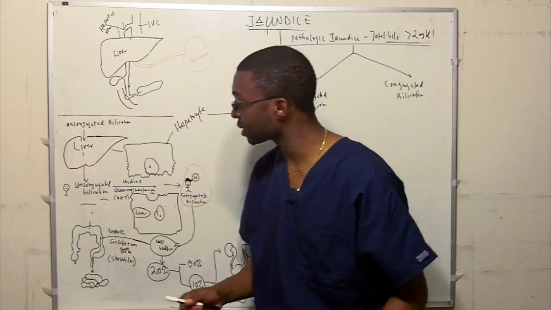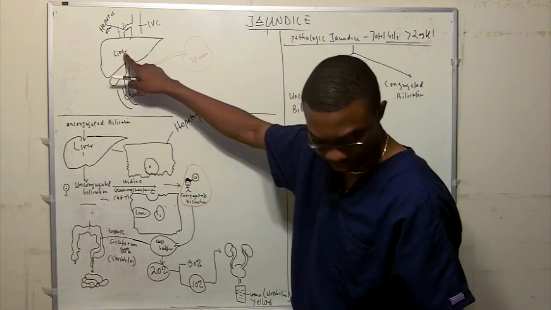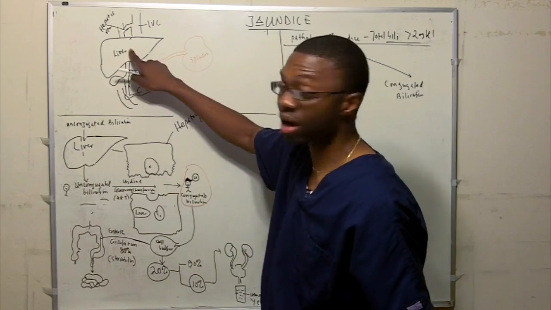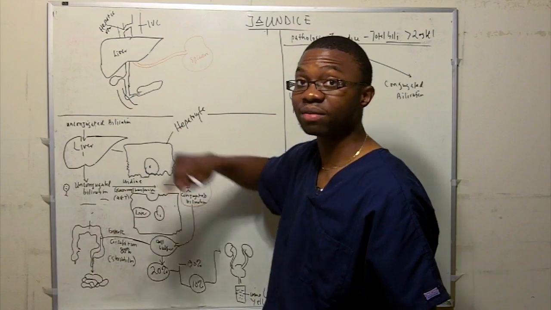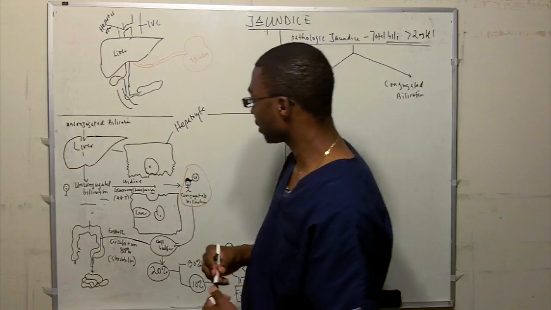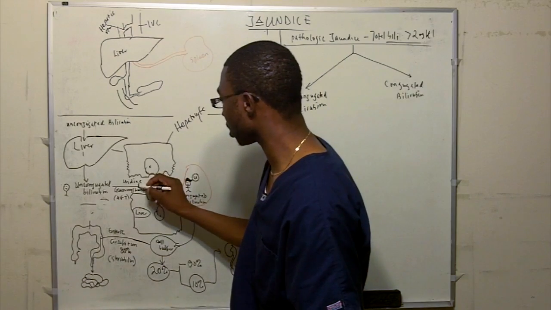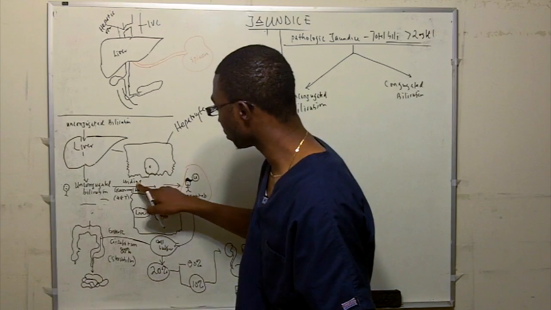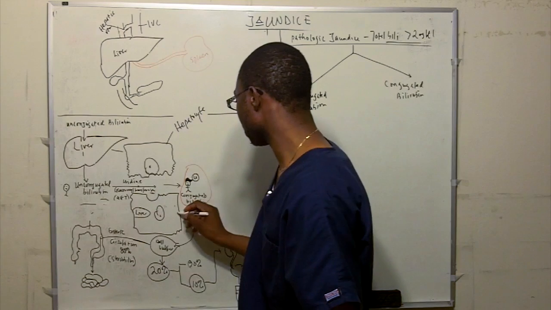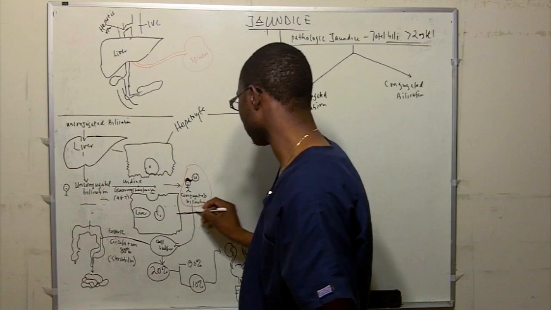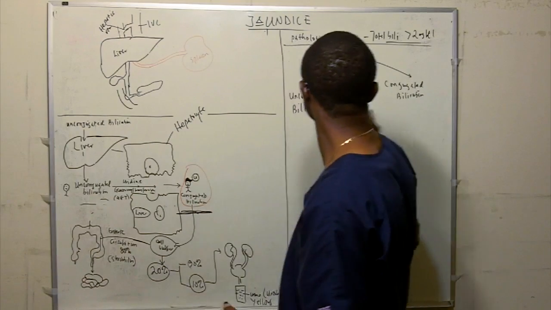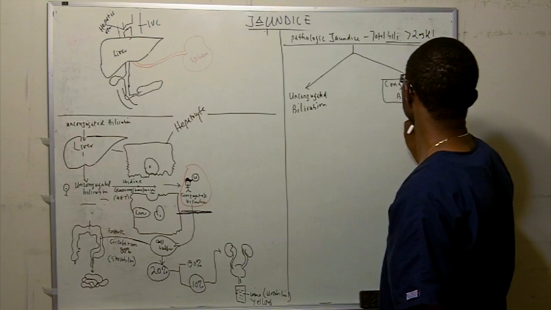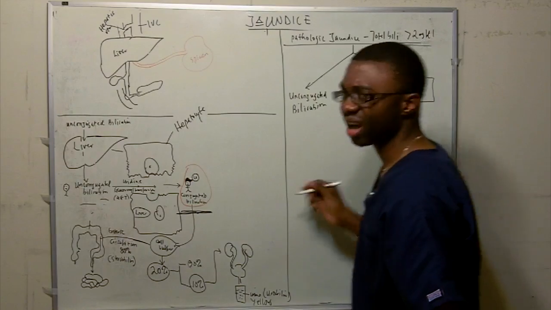What we're saying is, if there's decreased intrahepatic excretion of bilirubin out of the liver, you can have a lot of conjugated. So if there's a problem here, do you see that? Actually, sorry, it's already conjugated. If there's a problem here, that's where the problem is, because it's already conjugated, right? We're talking about conjugated here.